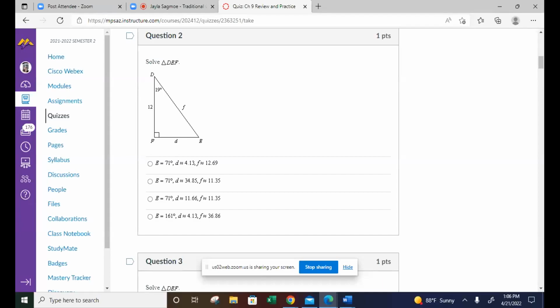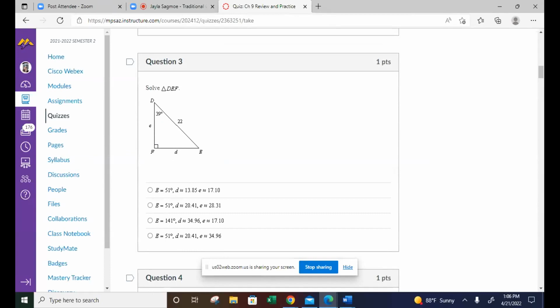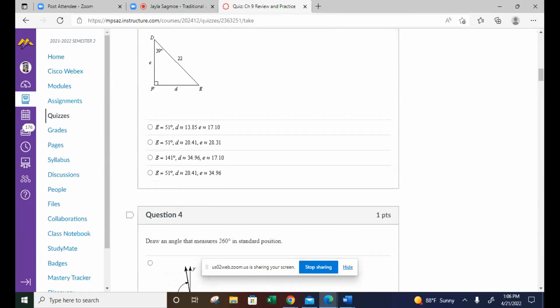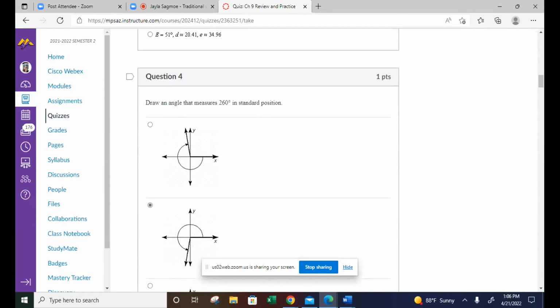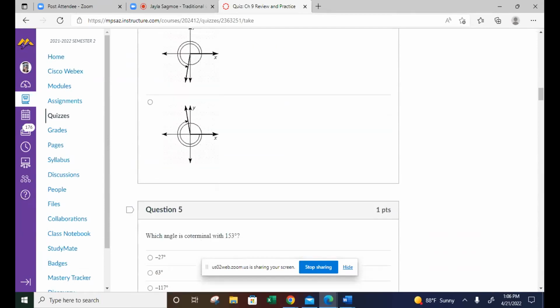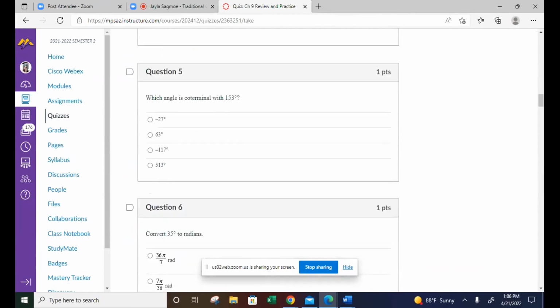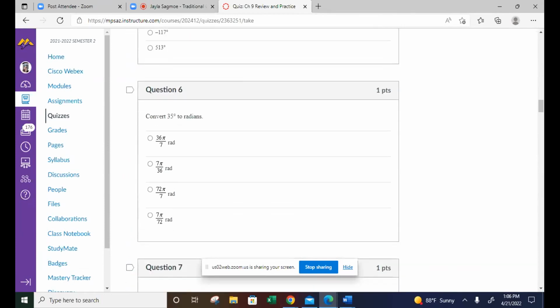There you go. Could you just scroll down and see if there's any more of these right triangle problems like we just did? I'm wondering if these are all mixed up or if they are in a particular order.